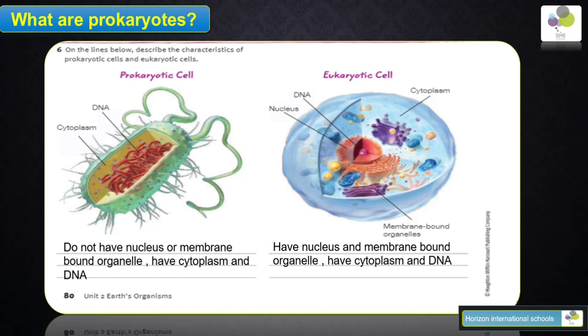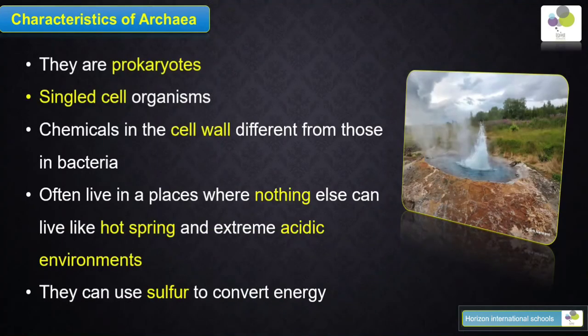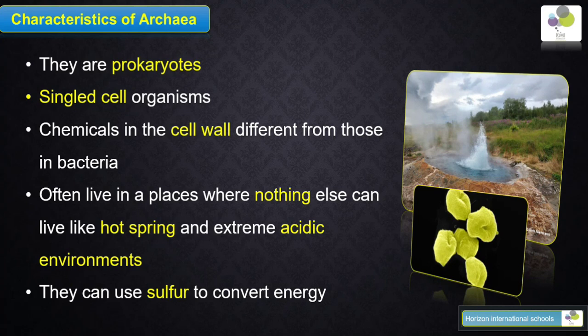So guys, let's talk about the prokaryotes, and we will start with archaea. So the question is what are archaea and what are the characteristics of archaea? Simply, we can say all of them are prokaryotes, so they don't have nucleus or membrane-bound organelles. They are single-celled organisms, of course, because all prokaryotes are single-celled organisms.